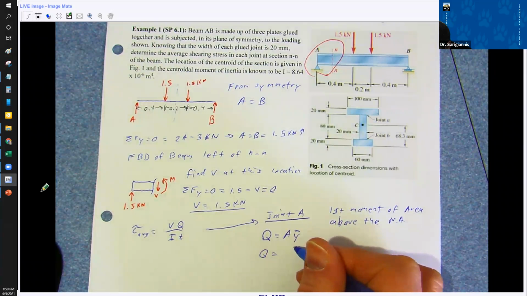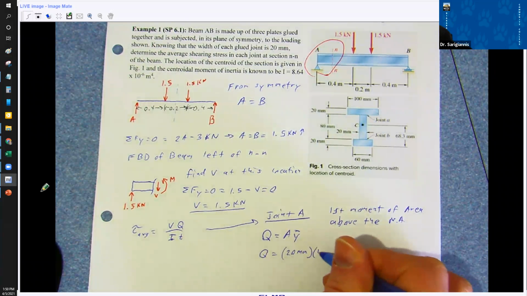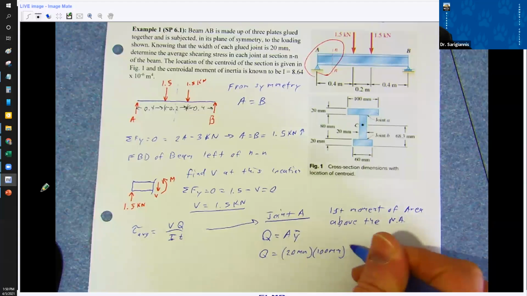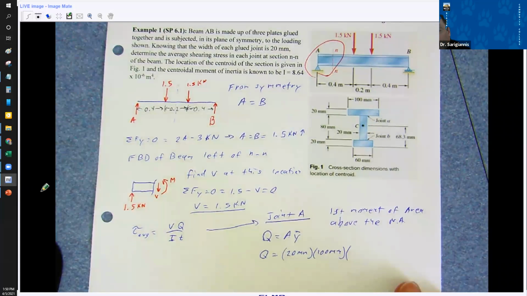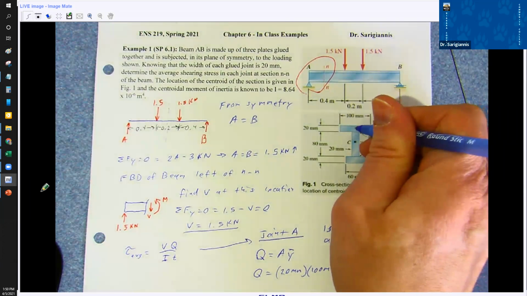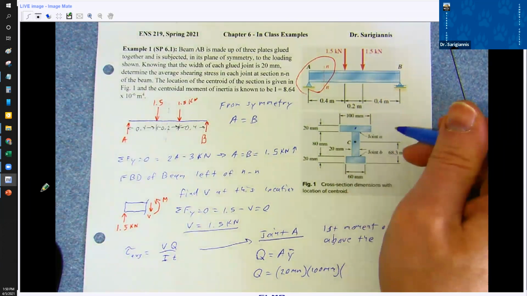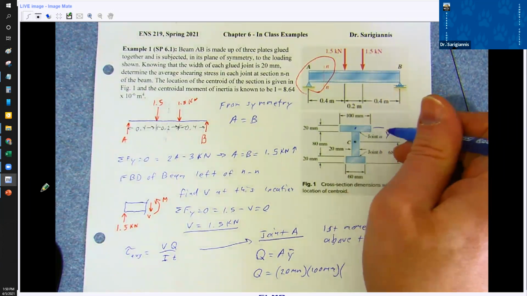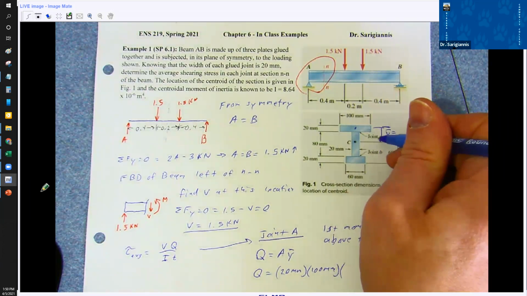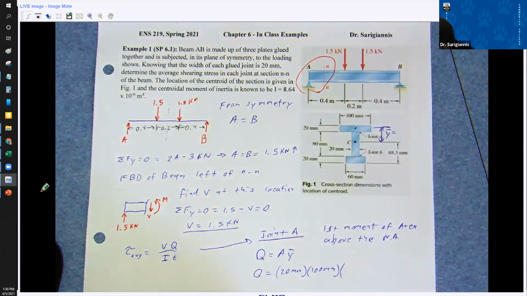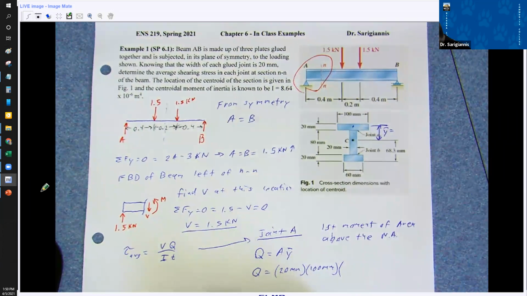So Q is just going to equal 20 times 100. I should have just done this in meters. Y bar is from the centroid here to this centroid. I've got 80 plus 40 minus 68.3.